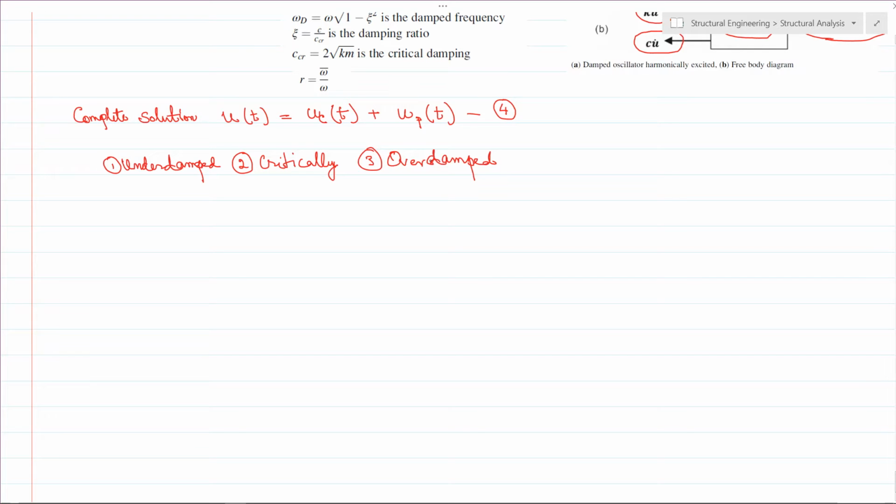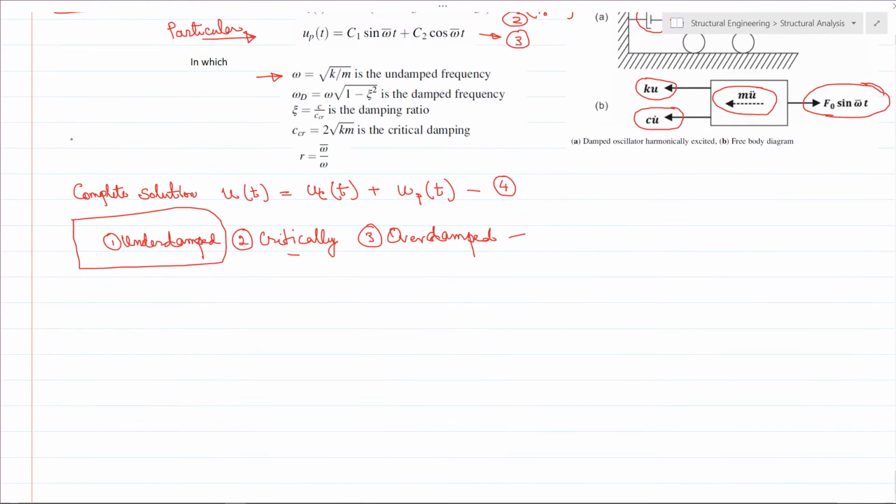And if you remember from my previous discussion, over damping is not a significant case, critical damping, again not a significant case. So what we are going to discuss over here is a system with under damping. That means there will be oscillations. So lower the damping, more oscillations over here.